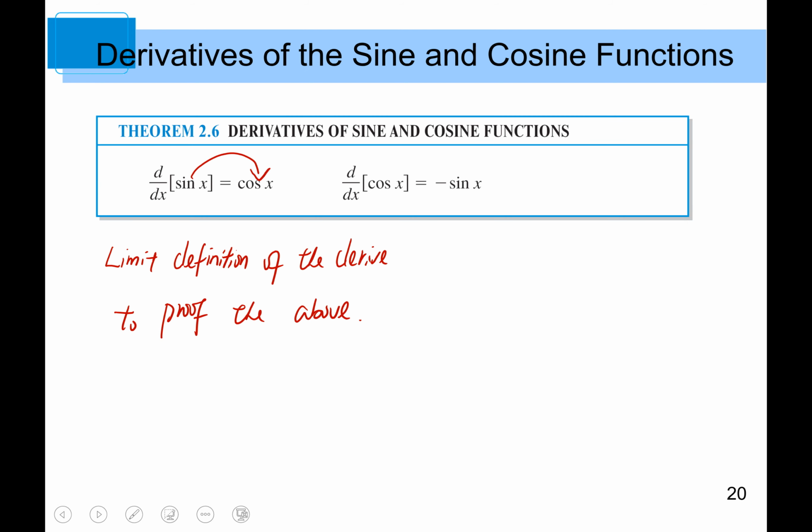So derivative of sine x becomes cosine x, derivative of cosine x will become negative sine x. Okay, very straightforward. Just the derivative of either sine or cosine reverses to the opposite one. Okay.